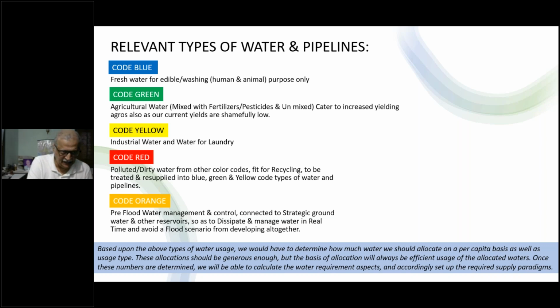And then this is just a digression here, but now code green is agricultural water, code yellow is industrial water and water for laundry, code red is polluted, dirty water which needs recycling and resupply, and code orange is the first kind of pipeline which should be laid, and that is these pipelines, orange pipelines, will control or dissipate a flood from forming.